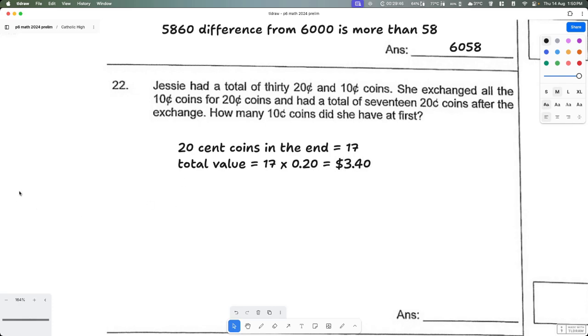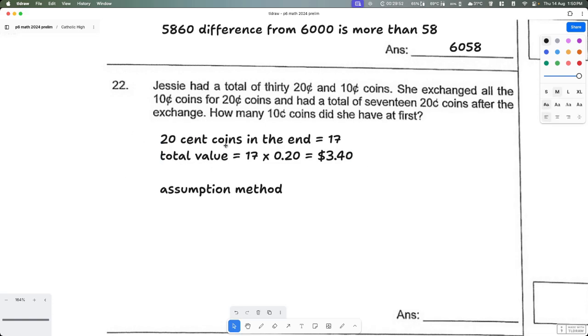Okay, so we can use the assumption method. Assume all 30 coins at first to be 20-cent coins, since we want to get the number of 10-cent coins.